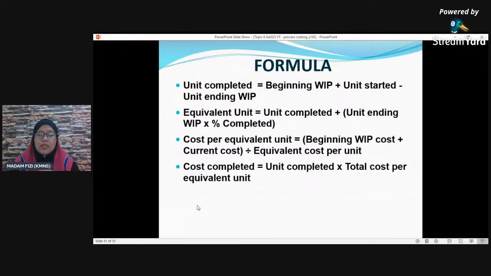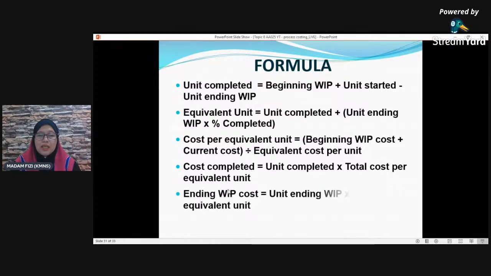Okay, fourthly, cost completed equals to unit completed multiply by total cost per equivalent unit. Yang ni dapat mana semua ni? Dapat dekat production cost tadi.